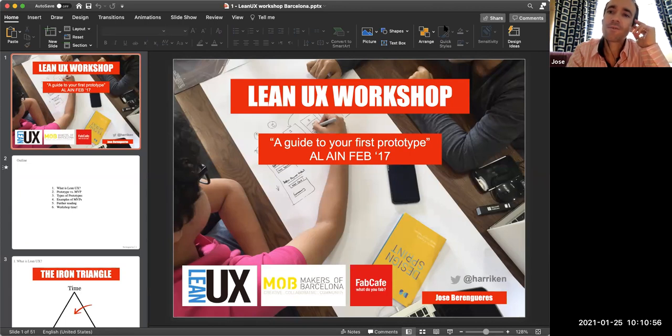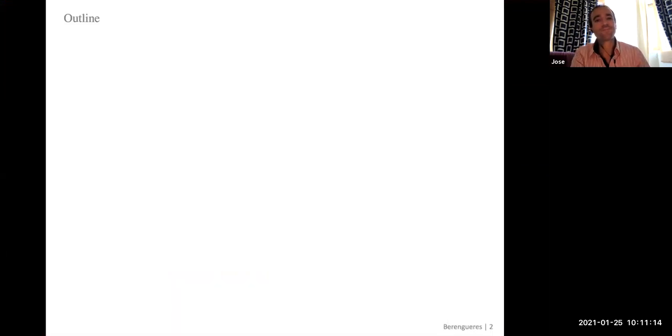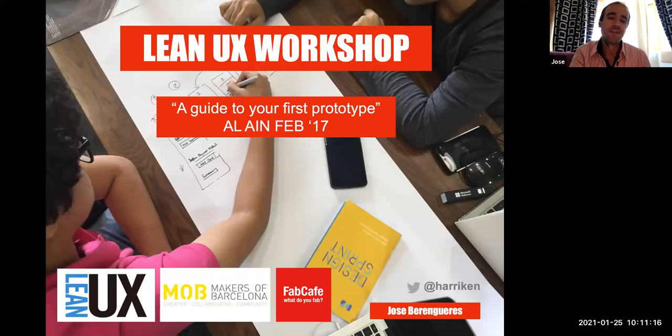It's the one I use the most. Okay, excellent. So this is a Lean UX workshop. I have taught this workshop many times in many places, in Barcelona, in California, in Dubai.